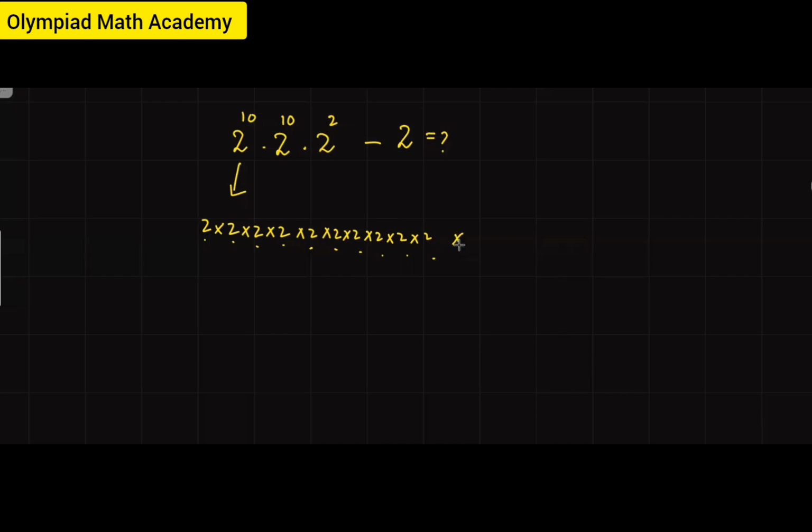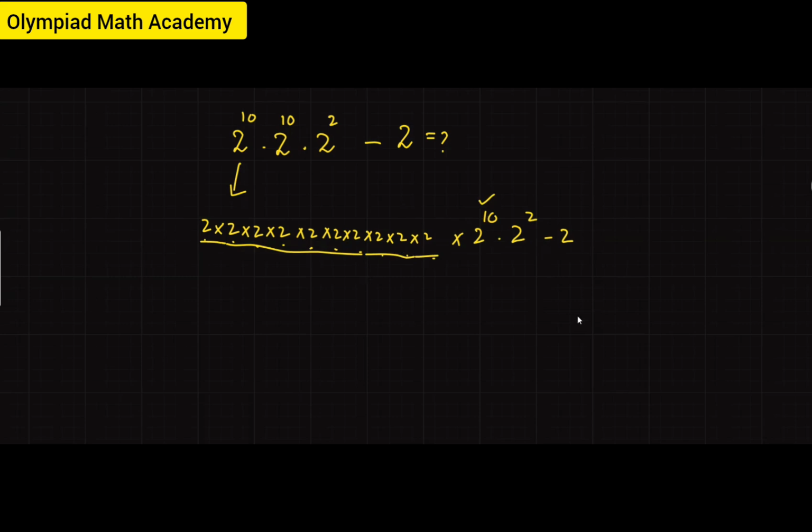Now I have to multiply 2 power 10 with 2 power 10, 2 power 2, and negative 2. First of all, I would like to calculate this part, because if I calculate the answer to this part, it will also be the answer for the other part.